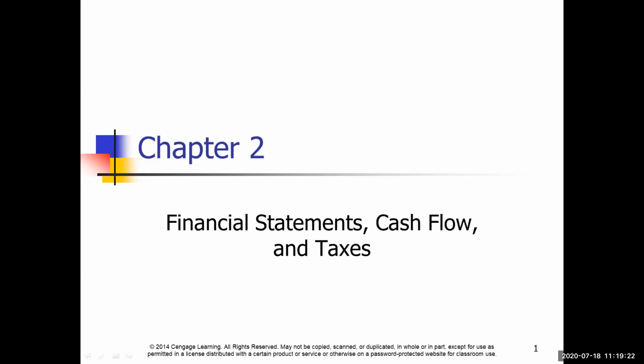The financial statement covers the income statement and the position statement. The position statement is the balance sheet, and the income statement is the profit and loss account. Apart from this, we also talk about various other things.